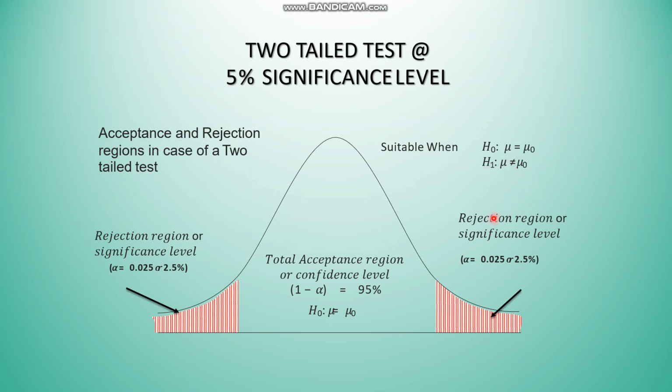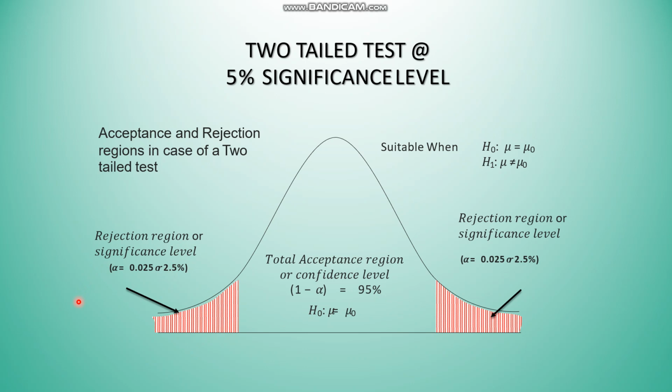Here this is the rejection region and this is the total acceptance region or confidence level, that is 1 minus alpha is equal to 95%.